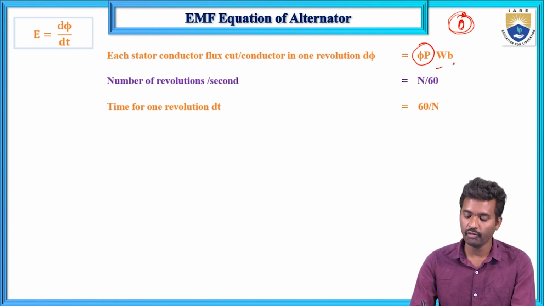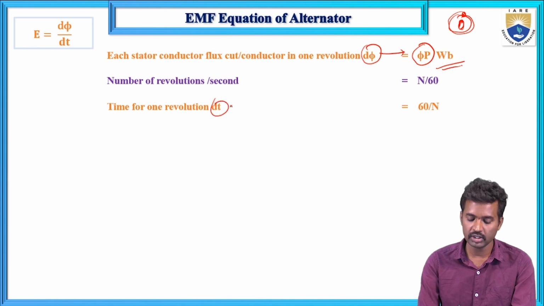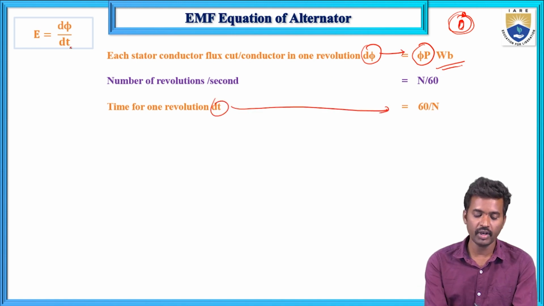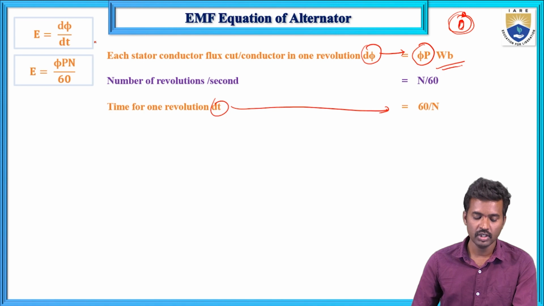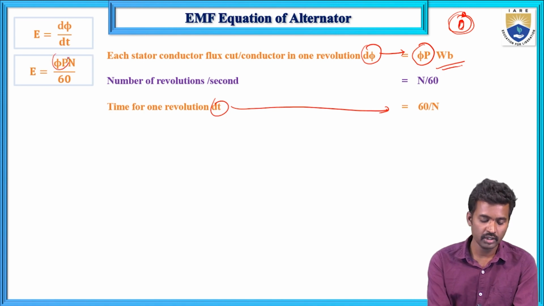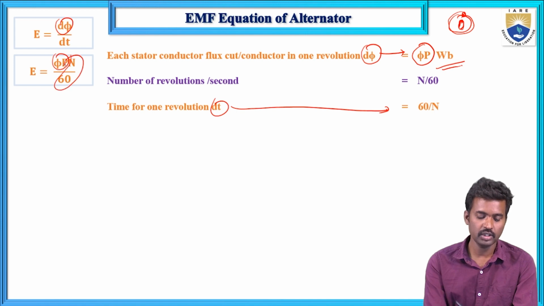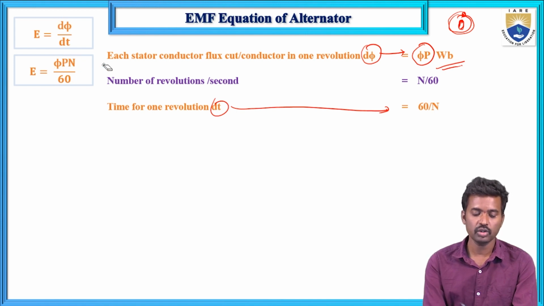So phi into P webers, and the number of revolutions per second is N by 60. So the time taken for one revolution, dt, equals 60 by N. If you substitute d phi as phi P and dt as 60 by N, we get phi P N divided by 60.